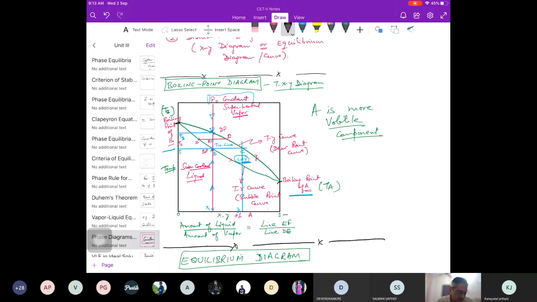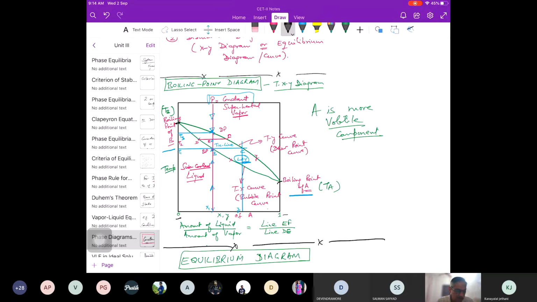When mole fraction of A is 0, यहाँ पर इस कॉर्नर में, B is 1, right? A is 0 means B is 1, so that is boiling point of B इस साइड में कॉर्नर में, right? और बीच में जो है that's a boiling point curve.